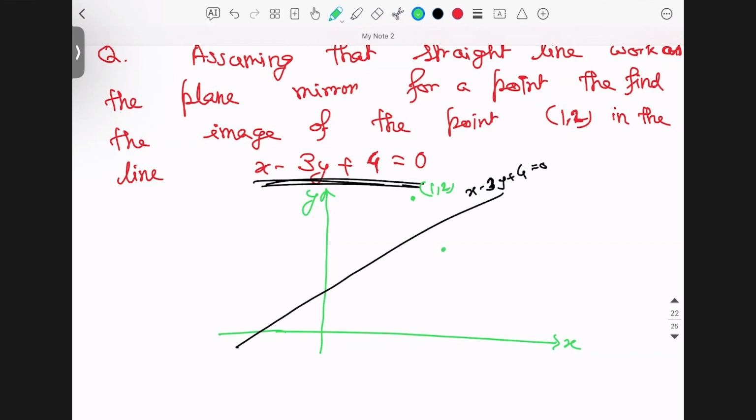and this distance should be equal. There is a green line and a red line. This red line should have the same distance.